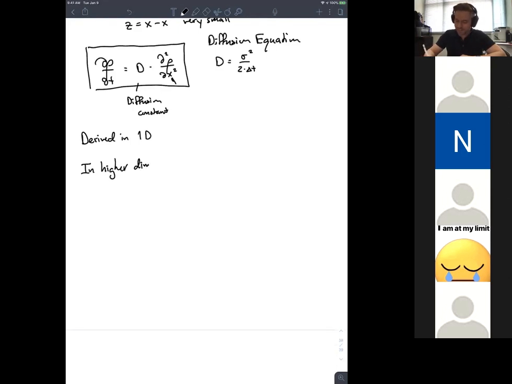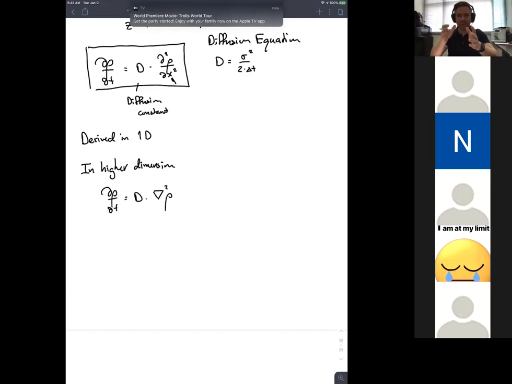In higher dimensions, you can generally write this in the following way. It would be the time derivative of your concentration gradient is equal to the diffusion constant times the Laplacian of the concentration gradient.